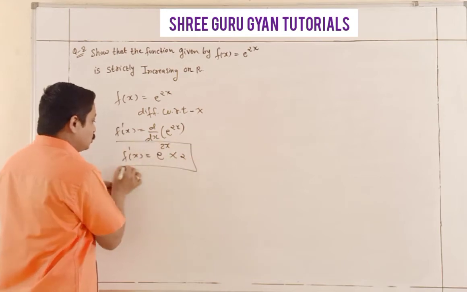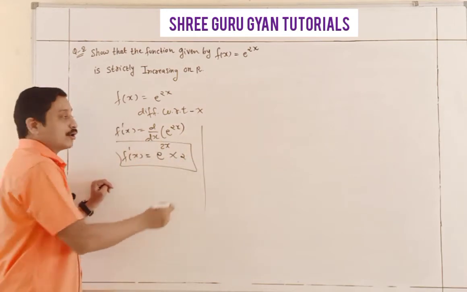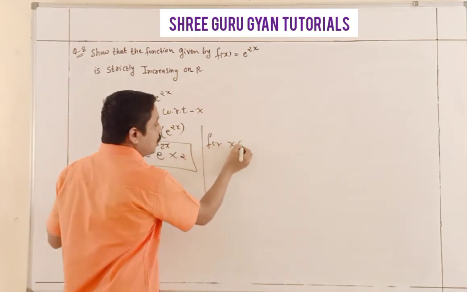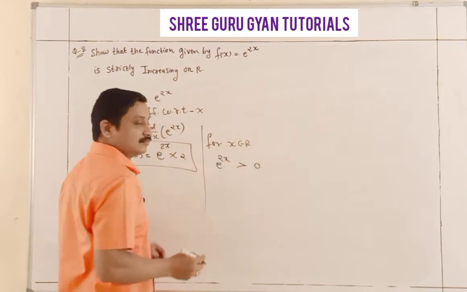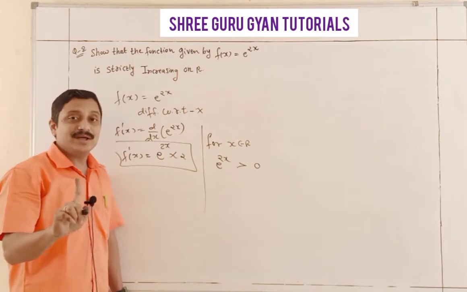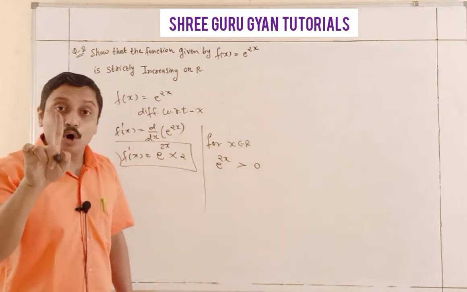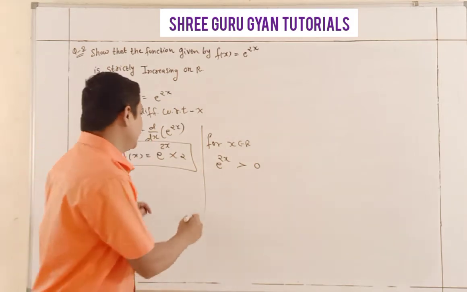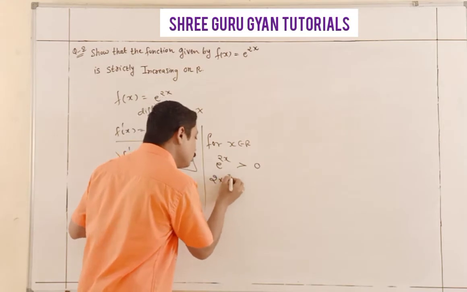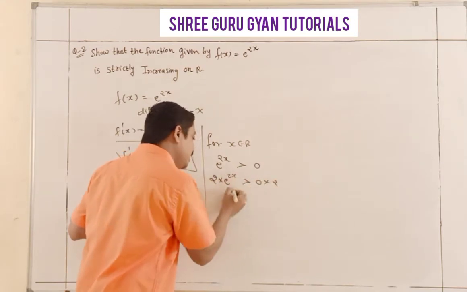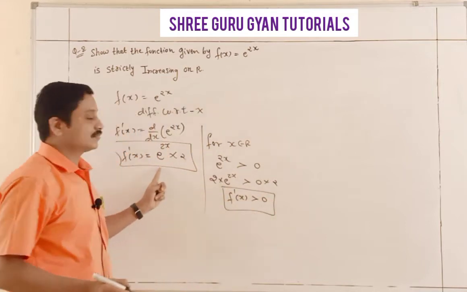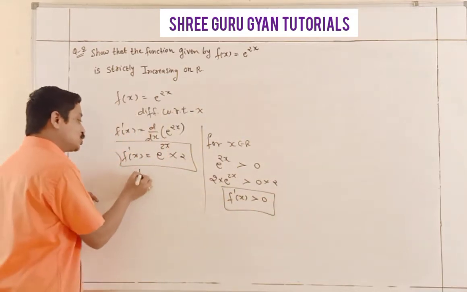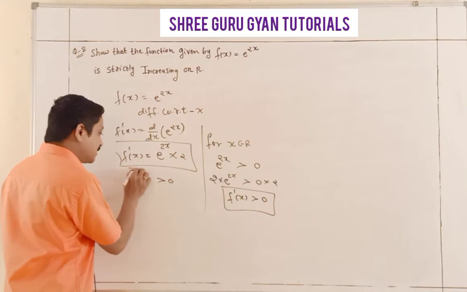But you know that for any x belongs to R, every exponential function is what? Never 0, never negative, always positive, on both sides, nothing changes. So f dash x is greater than 0. That's why I showed here f dash x greater than 0.